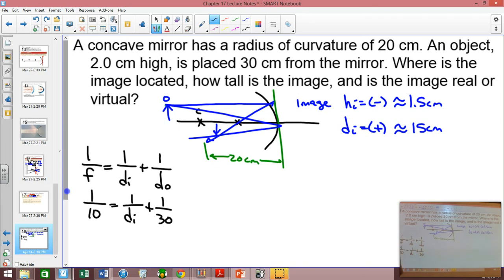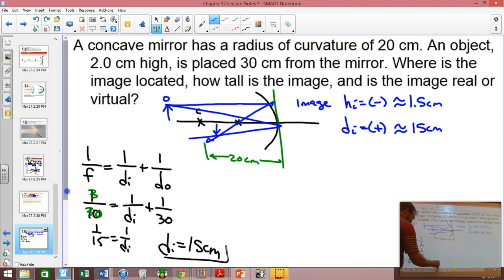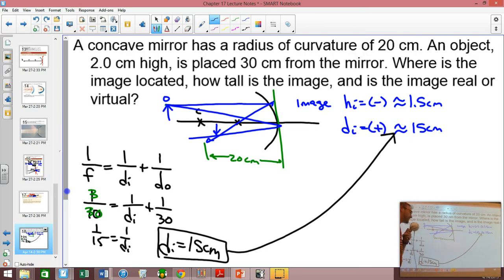So I'm going to take 1/10, which is basically 3/30. 3/30 minus 1/30 is 2/30, which is 1/15. So then di equals 15. I didn't even have to pull my calculator out. And you'll note it matched my prediction pretty darn well. I thought it was going to be around 15, and I also thought it was going to be positive, and I was right.